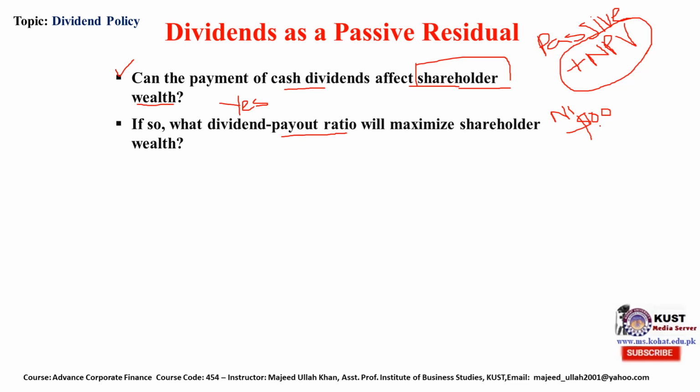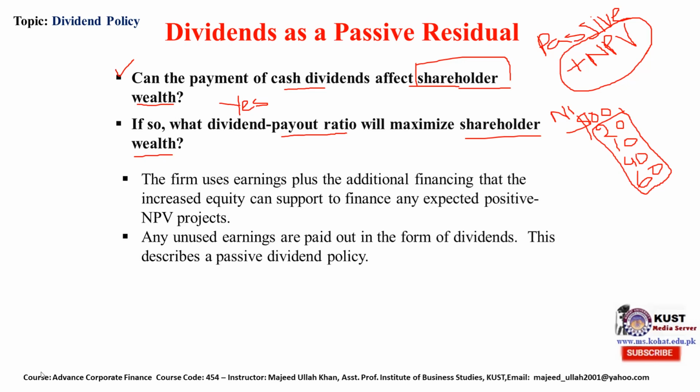How much should be paid to increase shareholder wealth? 20 rupees or 20%, 10 rupees or 10%, or 40% of net income, or 60%, or 70% of net income? What payout ratio will be most optimal to increase the wealth of shareholders? So this is the second question, and there is no clear-cut answer to both questions.